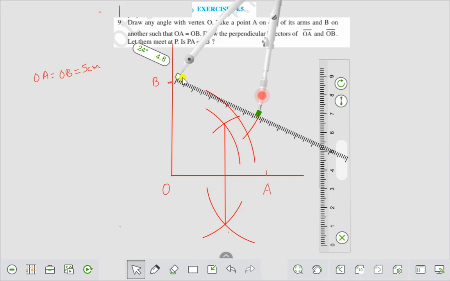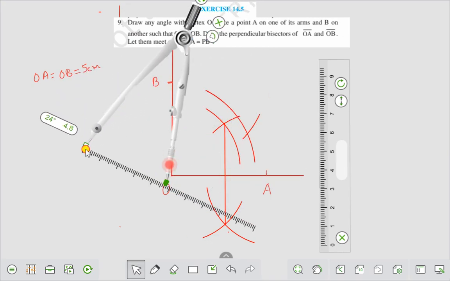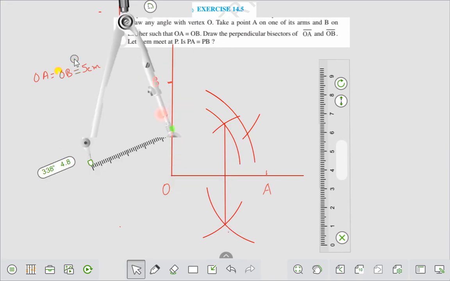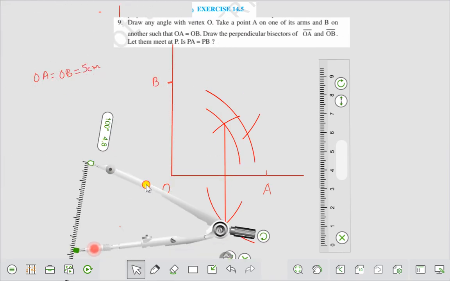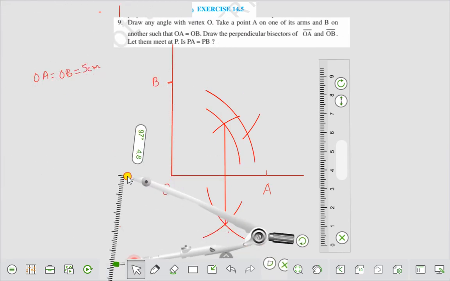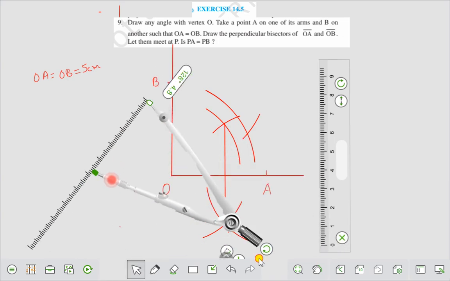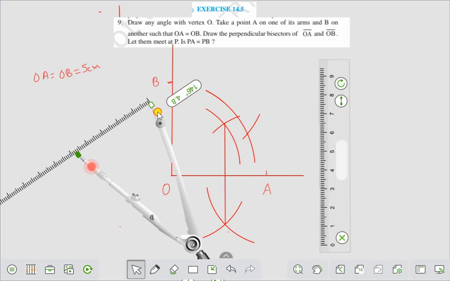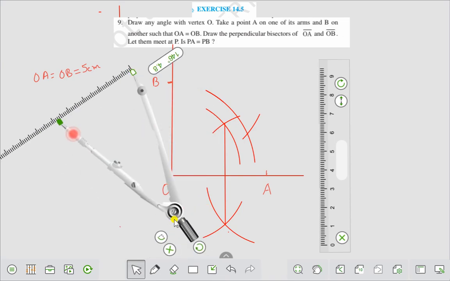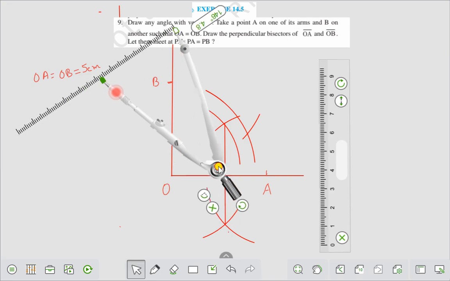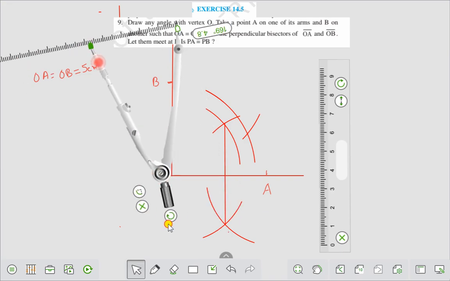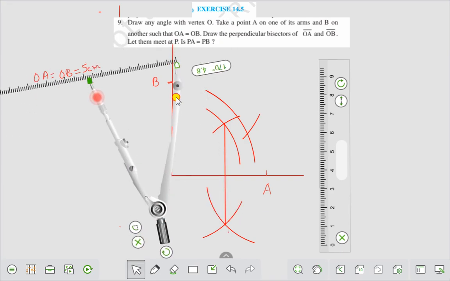Again, take the pointer at point O and draw another curve.